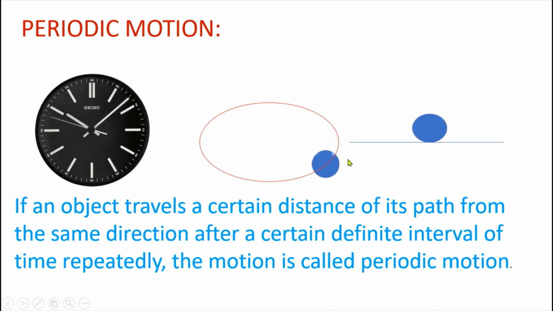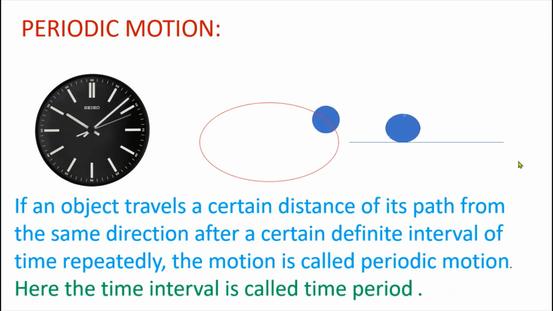Here also, after every 2 seconds, the body is moving from left to right, again left to right, again left to right. That is, in this type of motion, after a certain interval of time, the motion will be repeated.